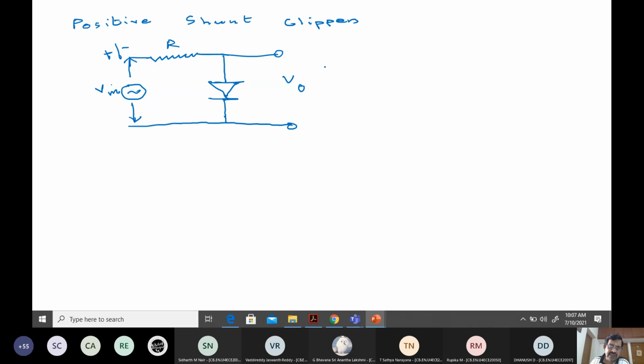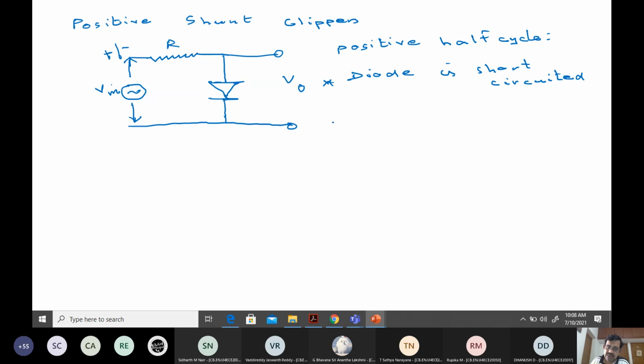So to analyze this circuit, again we go for what happens in positive half cycle. Diode is short circuited, which means it is conducting.